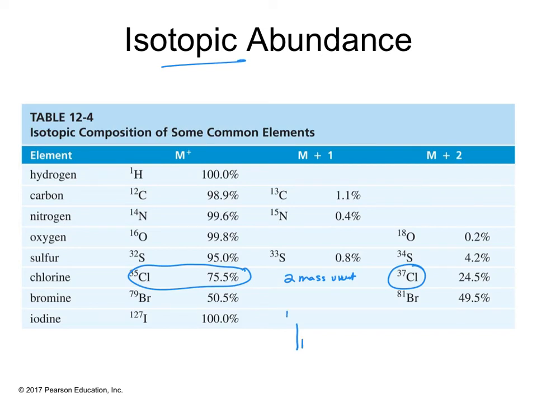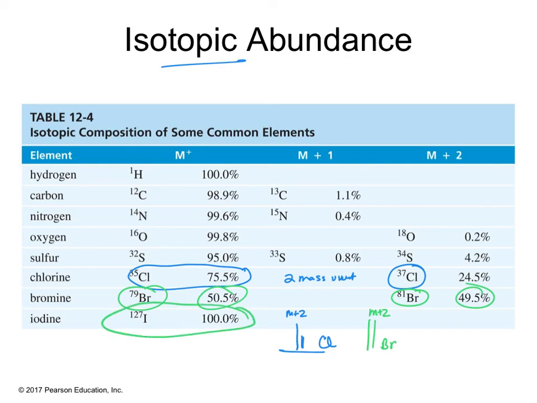So when you see an M plus 2 fragment of a third less height, you can think, oh, that's a chlorine there. Like I said, with bromine, with 50% abundance, you're going to see an M plus 2, and that's going to signify bromine.